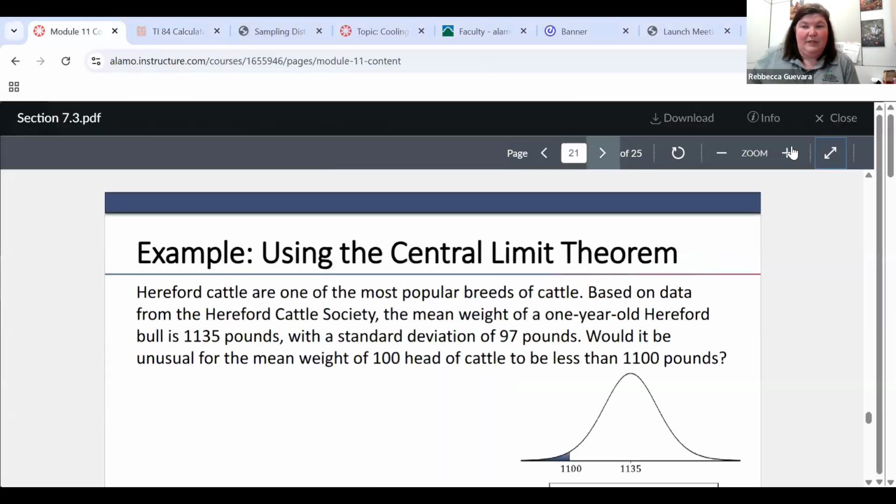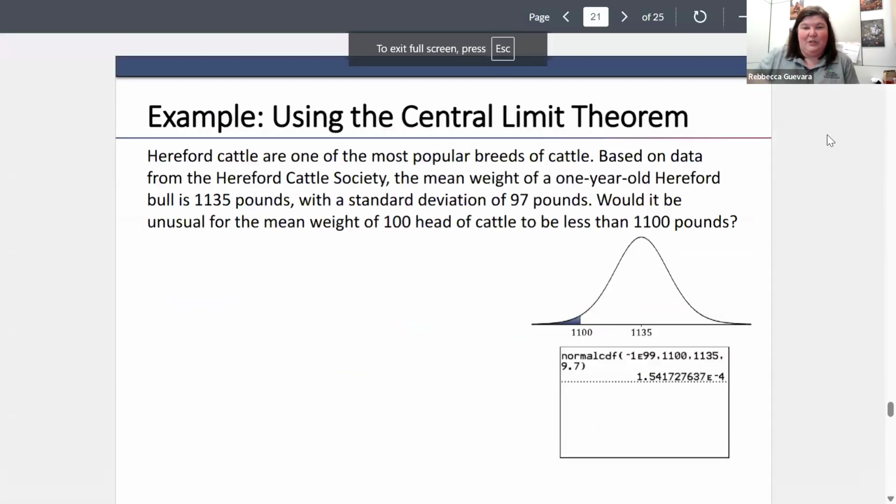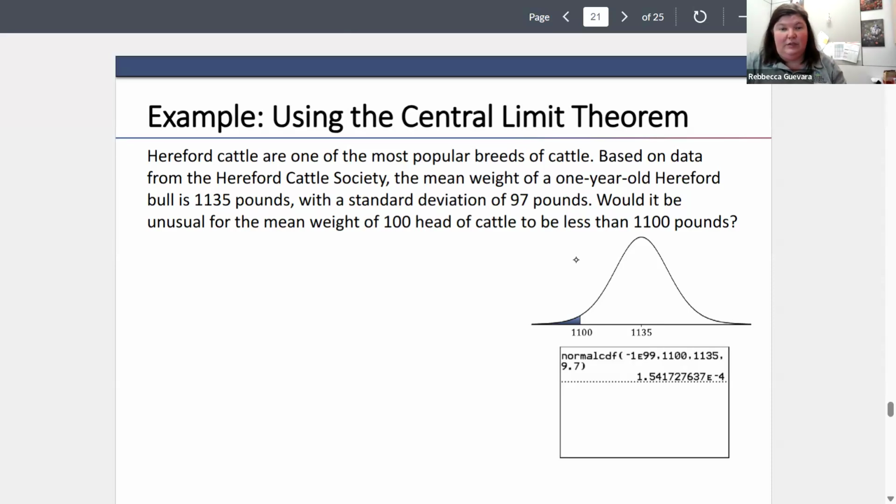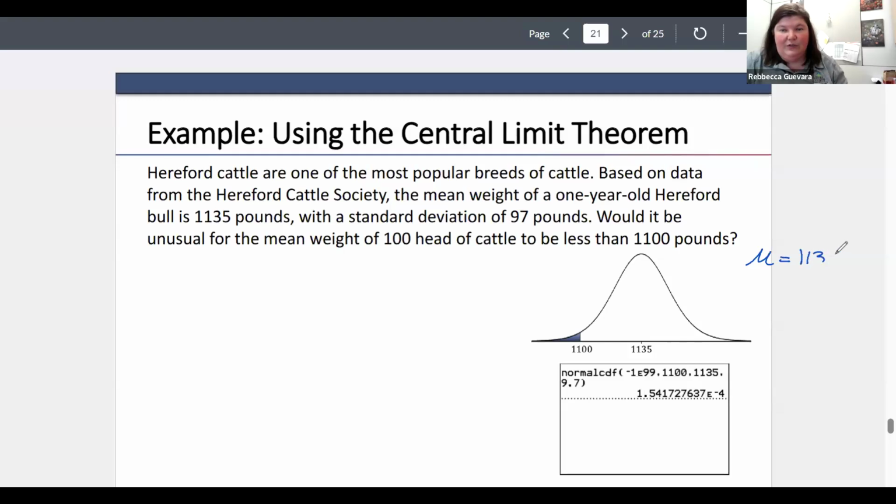So just one more problem with this. Then we're going to do this other set of problems and go a little more in depth. So here, Hereford cattle is one of the more popular breeds of cattle. Based on data from the Hereford Cattle Society, the mean weight of a 1-year-old Hereford bull is 1135 pounds, and they have a standard deviation of 97 pounds.